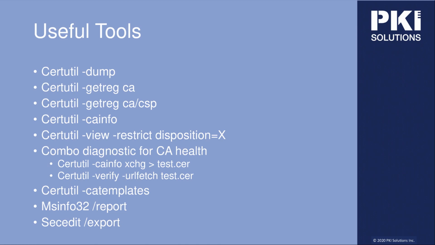But if we want to figure out what our environment looks like right now, and I'd also like to output it to a file, one of the things I can do is use Certutil in a combo process. So if I take Certutil -CAInfo exchange and I pipe it out to a file, it actually creates me a CA exchange certificate right now and puts it into a file. I can then use Certutil -verify -urlfetch against that certificate.